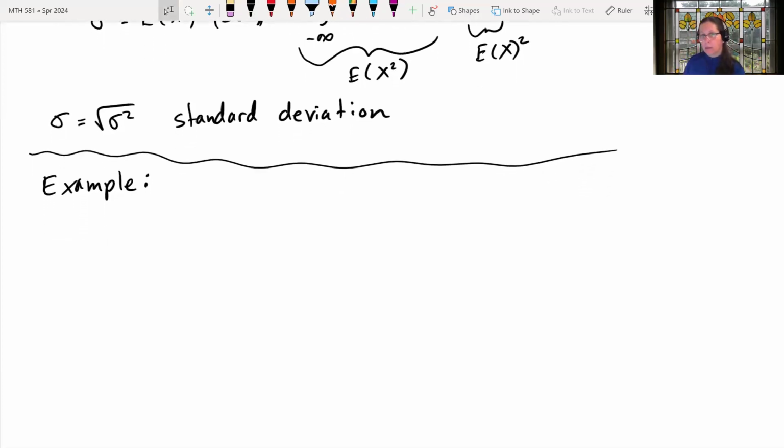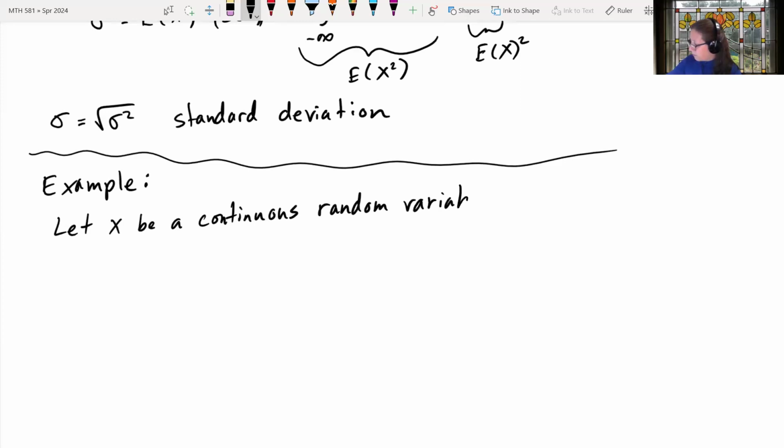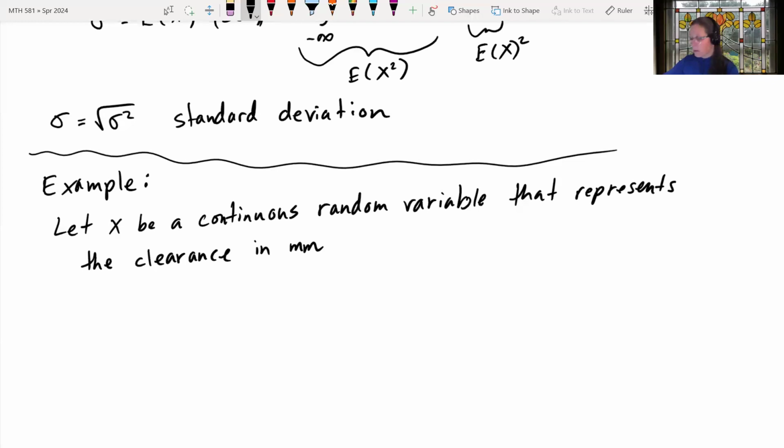And so this particular example is looking at, we're going to let x be a continuous random variable that represents the clearance in millimeters for a hole drilled in the wood.